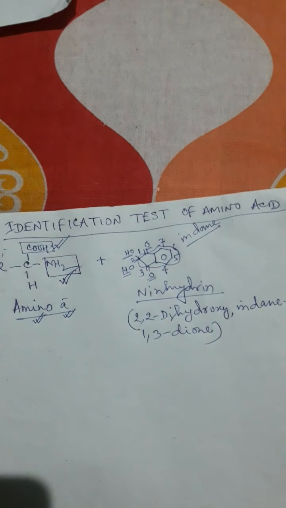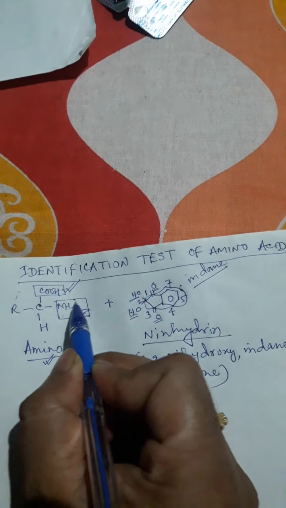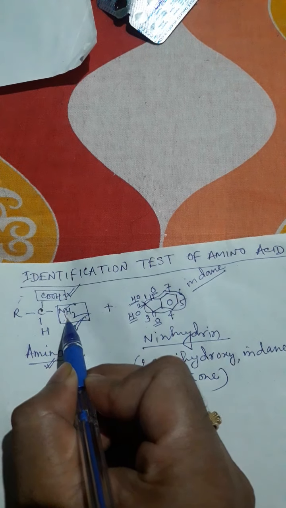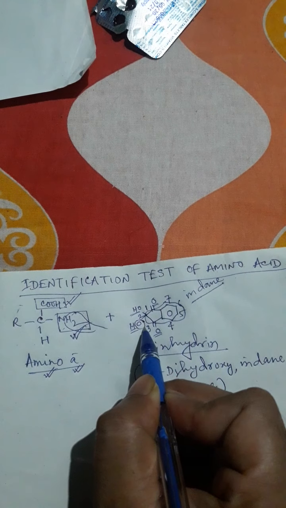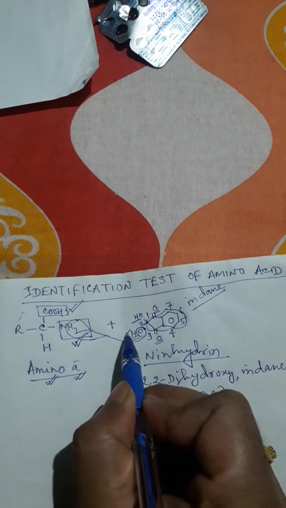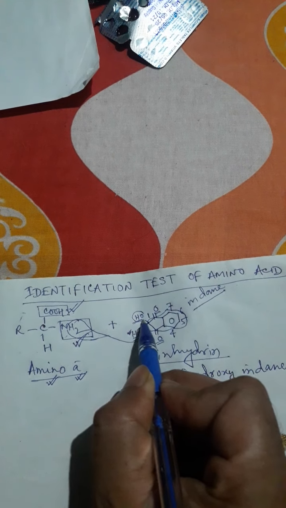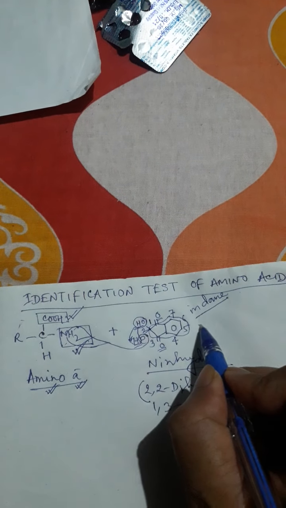Now, when the reaction occurs, the free amine group, this H2 and one O from this one will go out as water, and this H and this OH will go out as another water. That means 2 molecules of water will be eliminated.